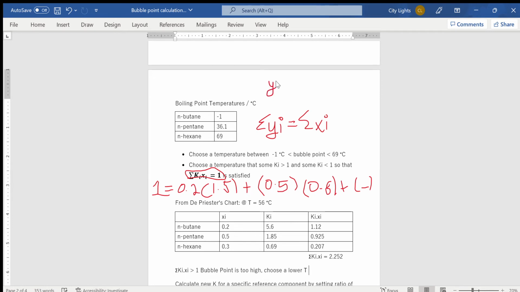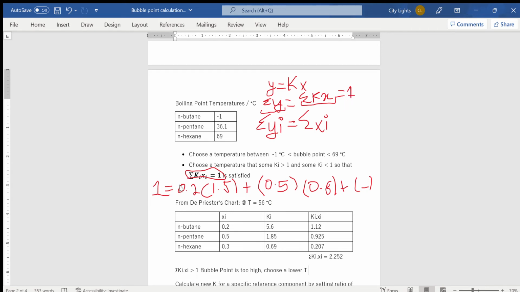So we write it as Y equals Kx, where K is the vapor liquid equilibrium constant, and thus summation of Y is equal to summation of Kx. Now, ideally, we need both of these to be equal to 1. So we need summation of Kx to be equal to 1.